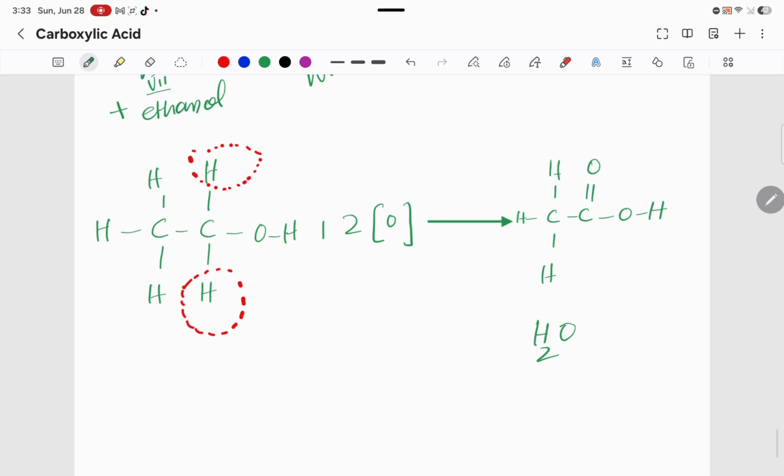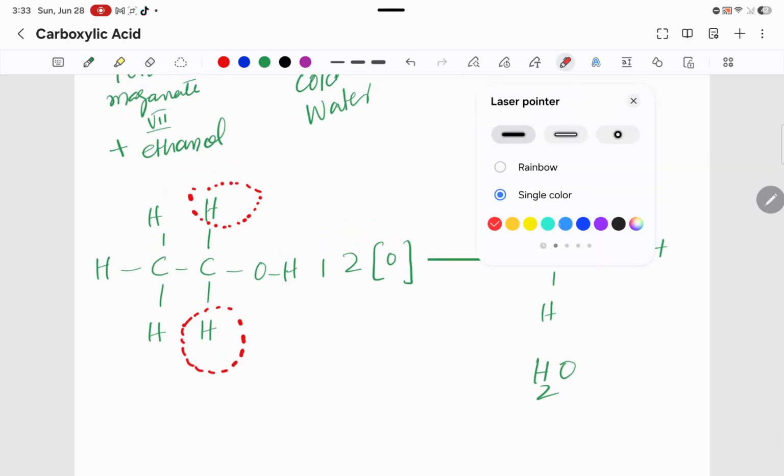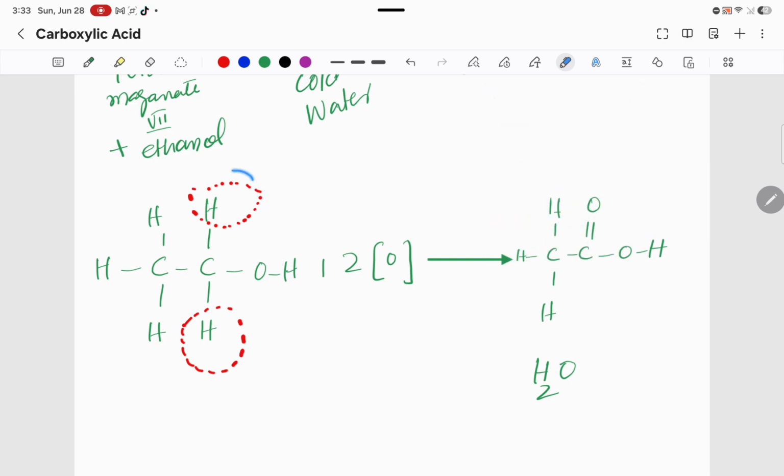So let's understand the equation again. We just remove this hydrogen and this hydrogen and it makes H2O, and instead one oxygen is moved here. So there would be an oxygen here instead of hydrogen.